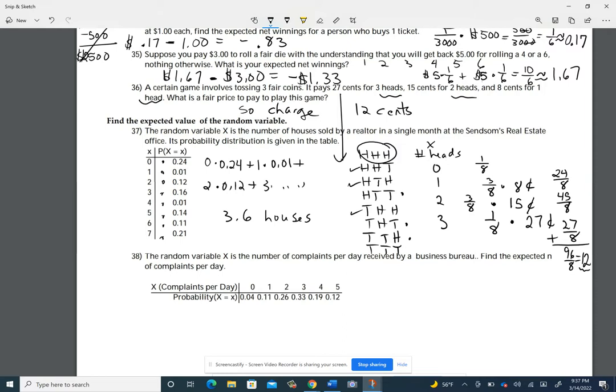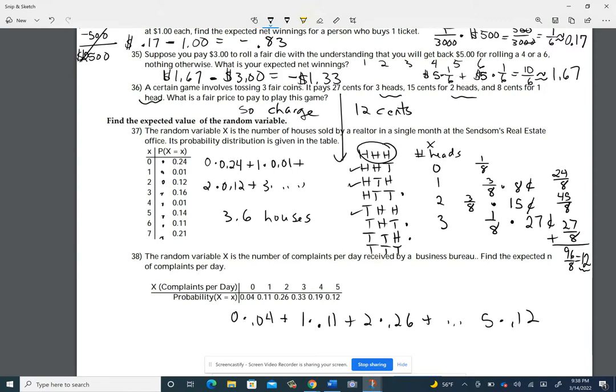All right, and do the same type of thing on this one. This is kind of like the number of absences problem. On a particular day, there's a 4% chance that there'd be no complaints, or there's a 33% chance there would be 3 complaints. You want the expected number of complaints on any given day. So you're going to do 0 times 0.04 plus 1 times 0.11 plus 2 times 0.26, and so on till you get to 5 times 0.12.